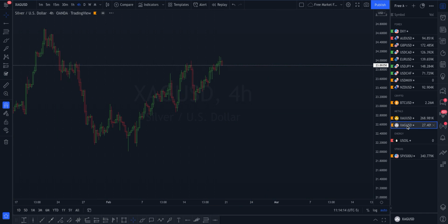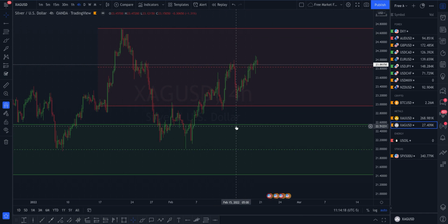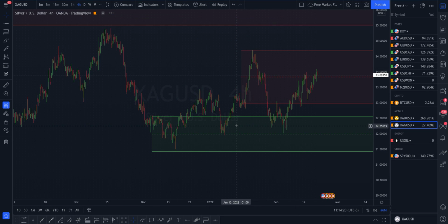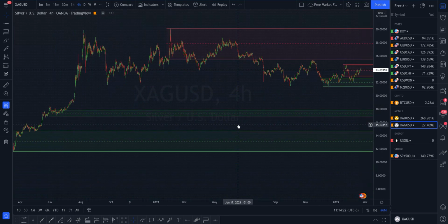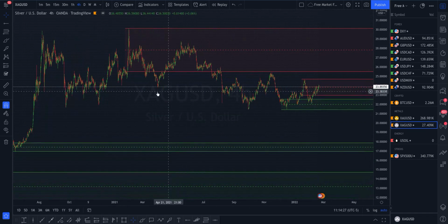Now let's take a look at silver. Okay, taking a look here at silver. Institutional bias is consolidation. Let's take a look at the market structure. Yeah, it's pretty much been consolidating. That high was taken out, so more than likely we will eventually see this market push up. Kind of got a nice little bearish flag pattern here going on anyway.